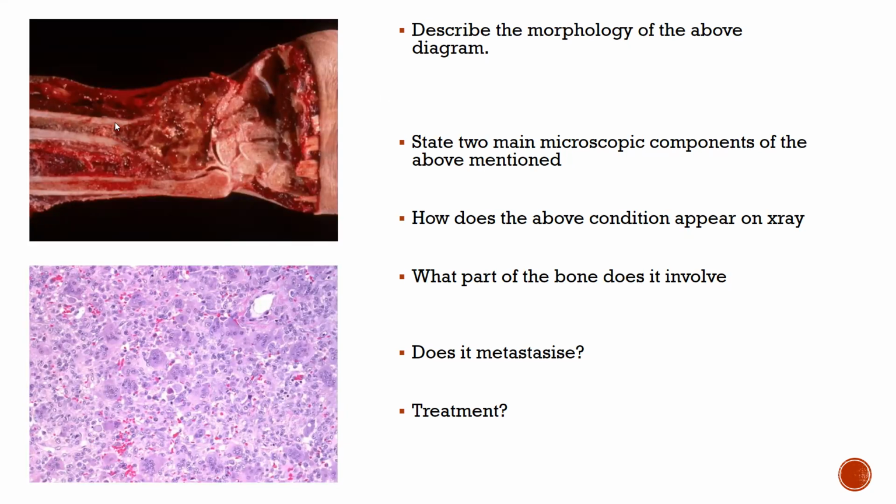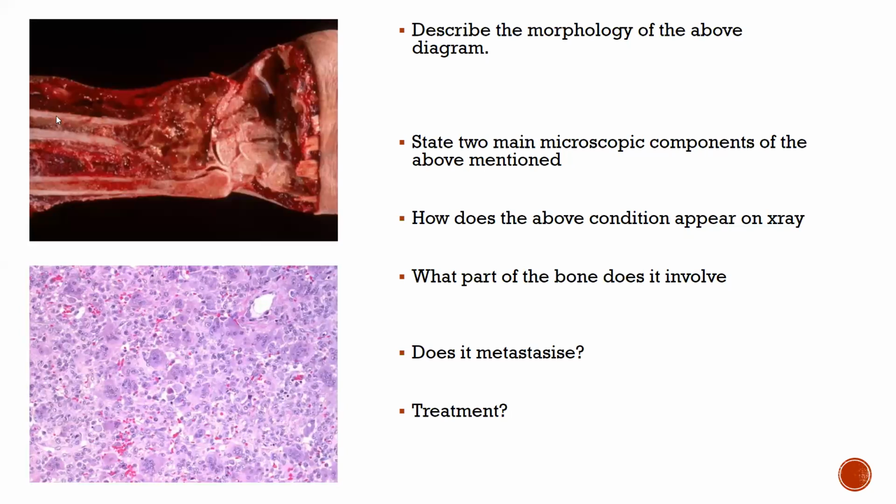It's involving the wrist joint, but it's not going into the wrist joint actually. It's just affecting one bone, which is the radius. It's affecting the distal radius. There's a total destruction of the cortical bone, if you could see here.